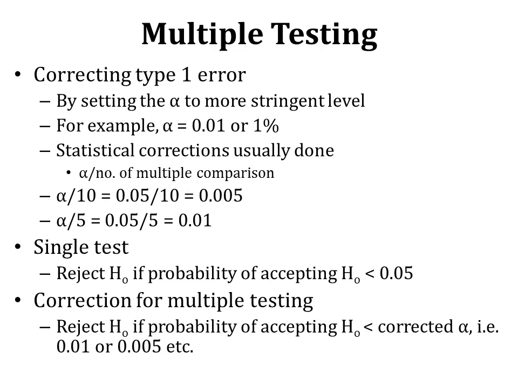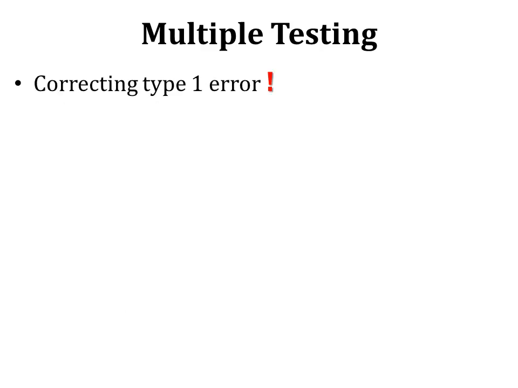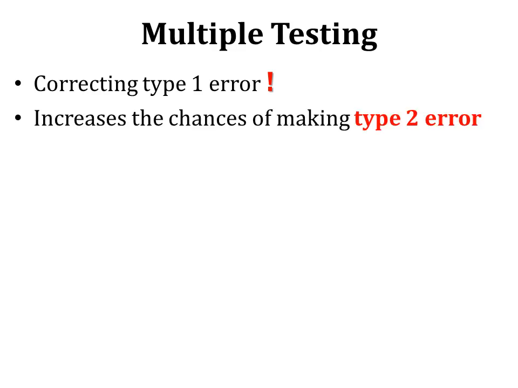So are we going to have our problem solved here or not? Apparently it looks like our problem is solved. But correcting the type 1 error should be dealt with caution. Why? Because correcting the type 1 error increases the chances of making a type 2 error.